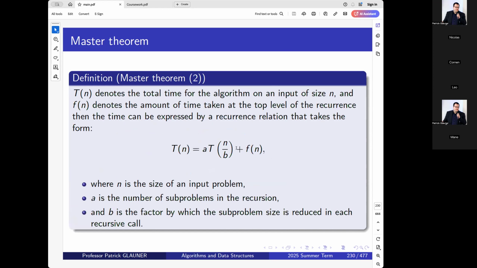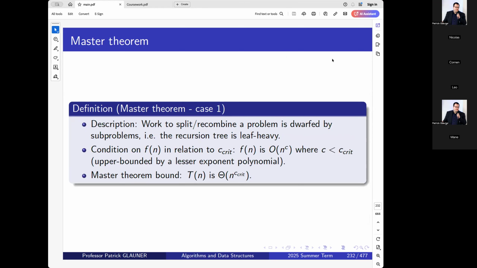So we have work for splitting and recombining the solutions, but we split out to a certain number of subproblems. And case one addresses where this work on splitting and recombining a problem is dwarfed by the work in the subproblems. So we say this recursion tree is leaf heavy because most of the work is done in the recursion. It's not done at the upper level where we try to split and recombine.